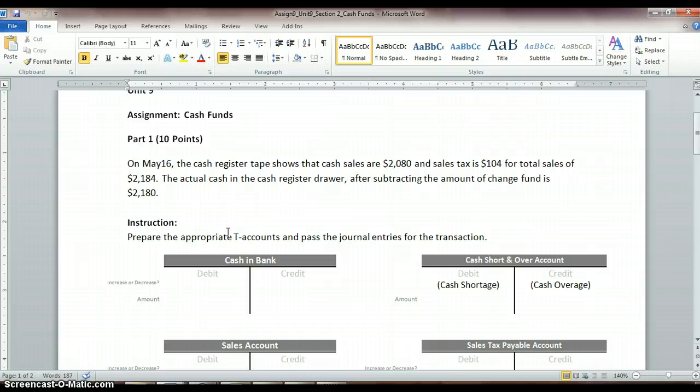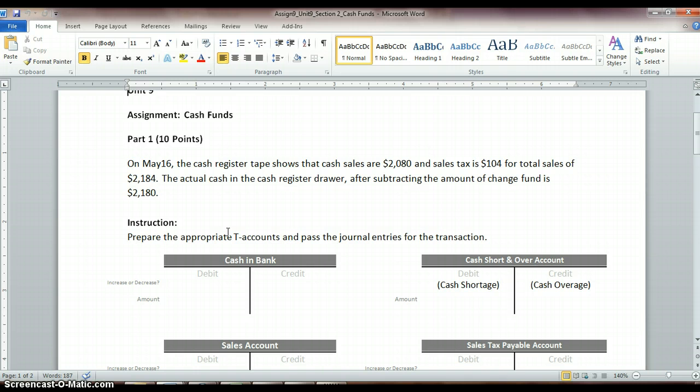What that means is, when you're working at a store and you're dealing with cash and you have clerks giving change back to customers, a lot of times there can be errors in how much change is given. Maybe the clerk gives too much change back, which would leave us with a shortage, or maybe the cashier doesn't give enough change back, which would leave us with an overage.